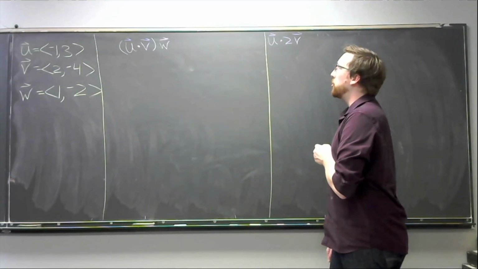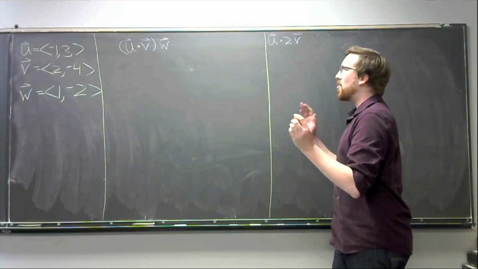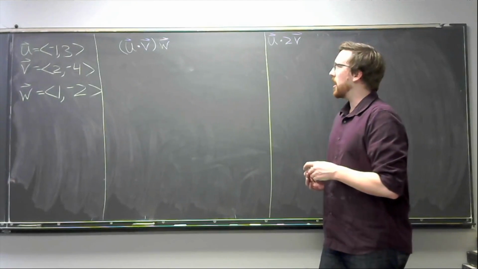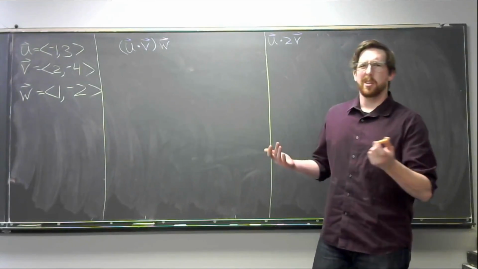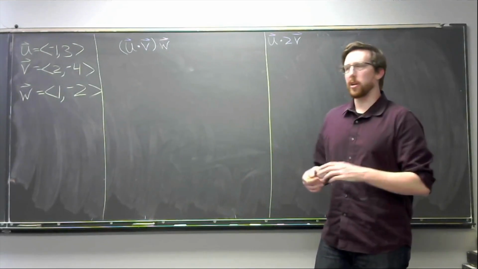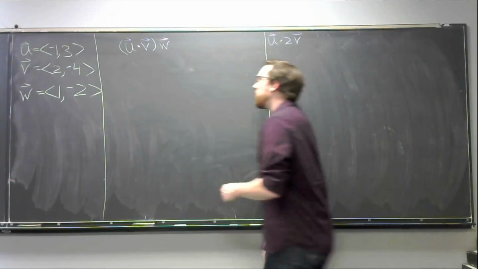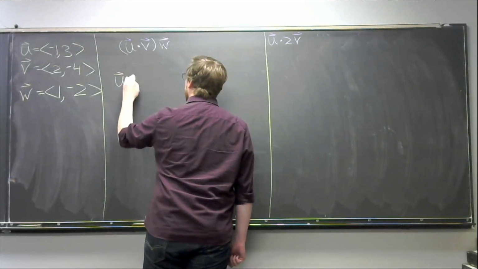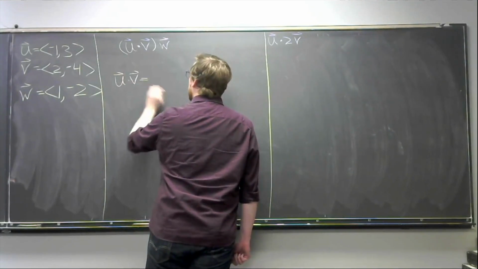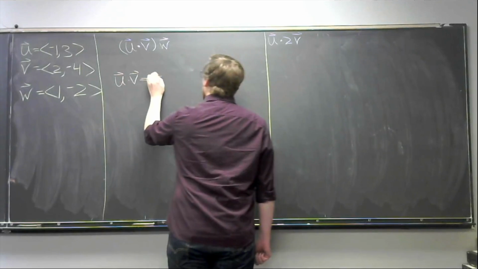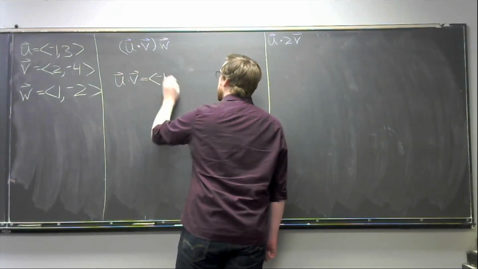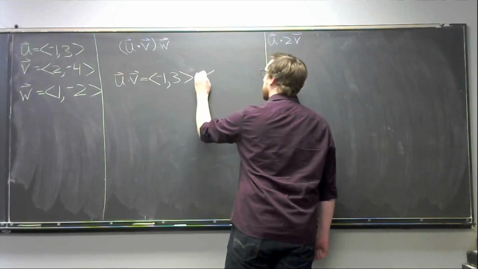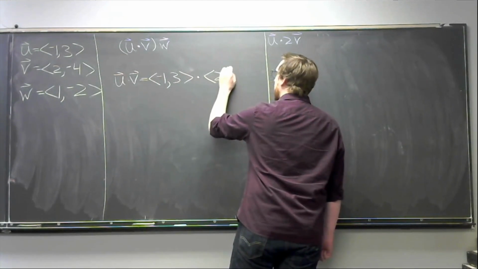What we've got is u dot v, that quantity times w. So why don't we go ahead and just calculate what u dot v is first? Seems like the obvious logical thing to do. U dot v is equal to the dot product of the vectors -1, 3, dotted with 2, -4.